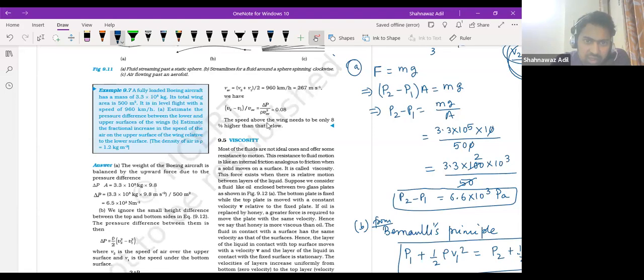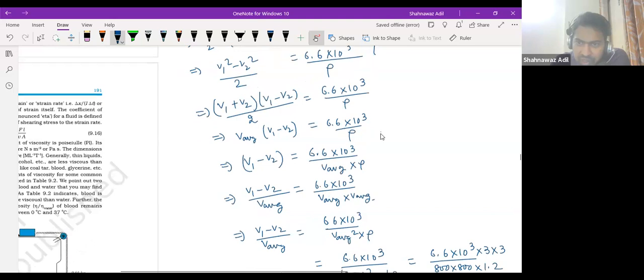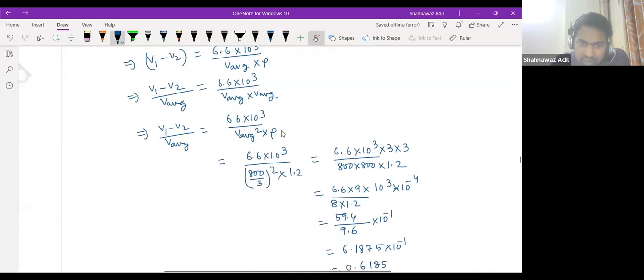Calculation: 6.6 into 10 to the power 3 divided by 800 square.